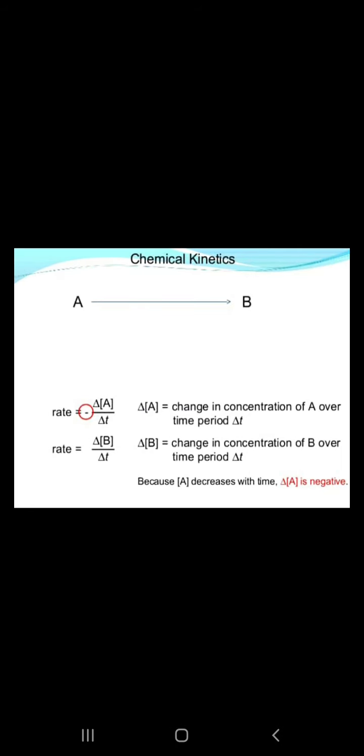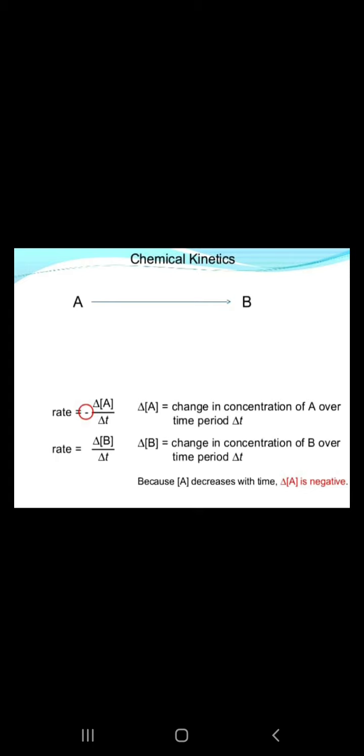For example, in a chemical reaction, reactant A converts to product B. The rate of the reaction is del A upon del T, where del A is the change in concentration of A over a time period of del T. Clear?